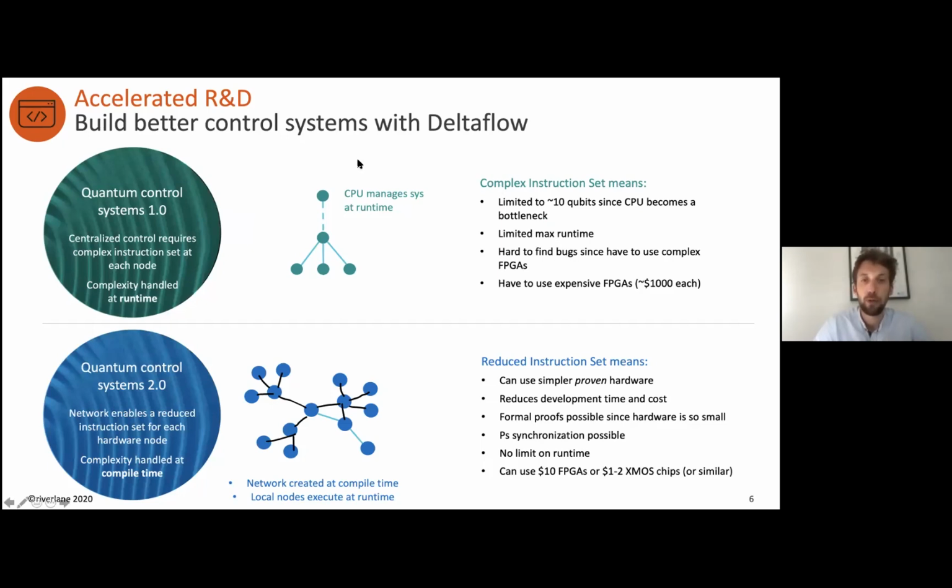I have an example here on the top part of the slide of a traditional control stack with a CPU, and normally you will have a large node here that is an FPGA, and this FPGA will control different hardware that are driving the qubits, different hardware as in lasers or again AWGs or other digital components.